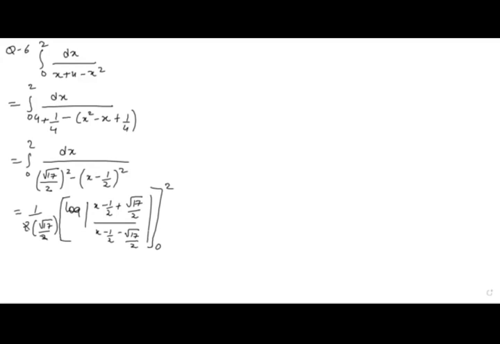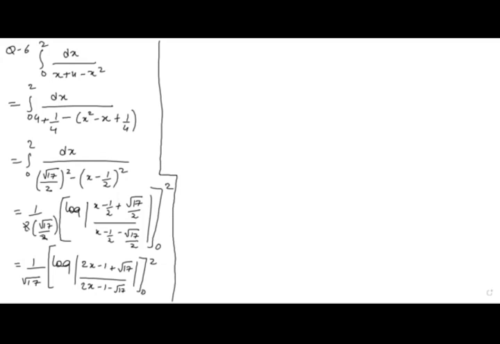So here 2 will get cancelled out and I will have 1 upon root 17 here, and after taking LCM we'll keep the value. So it will be 2x minus 1 plus root 17 upon 2x minus 1 minus root 17, from 0 to 2. Now I can keep the value of x as first 2 and then 0.